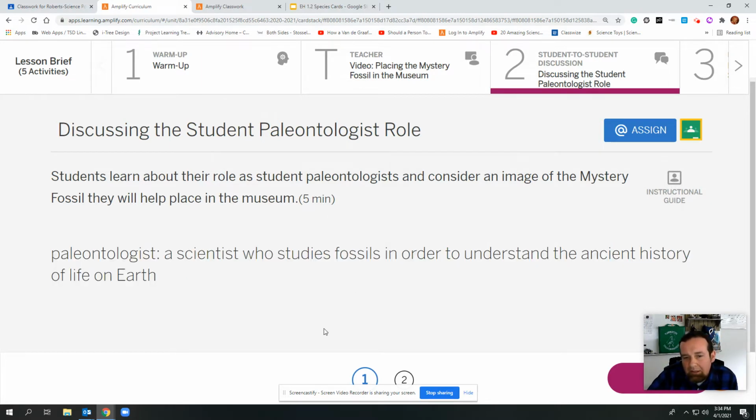So, there's this idea that we can't actually study these creatures when they were living, so we just have to take our best guess based on the fossil record that they leave behind. In other words, we look at their bones, we look at what they were eating, we look at what they were pooping, all of that stuff to try to figure out how their biology worked on this planet long, long ago.